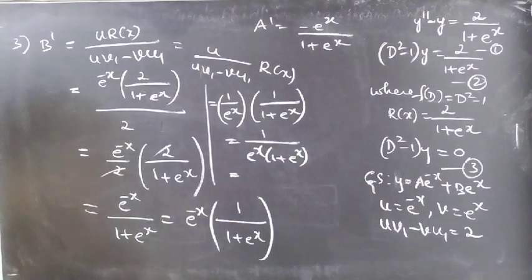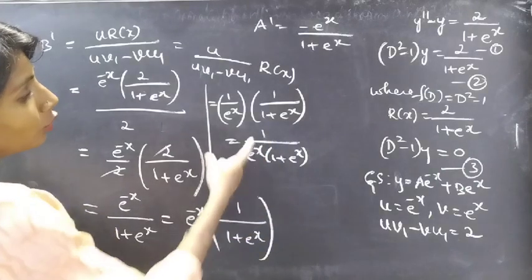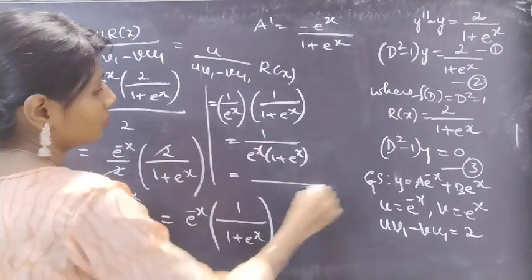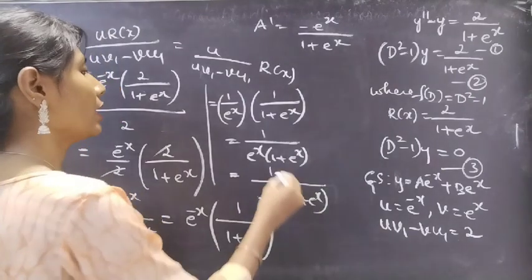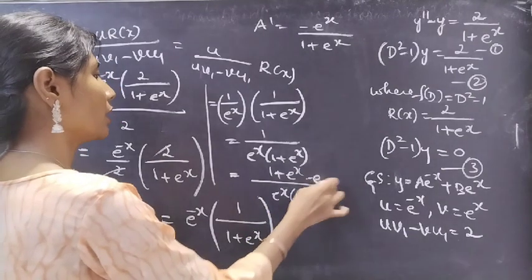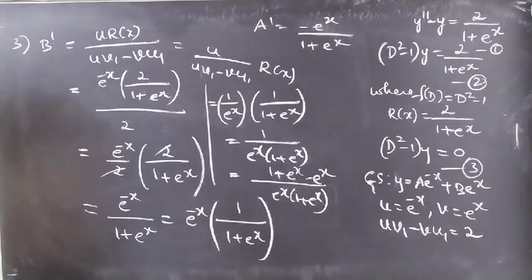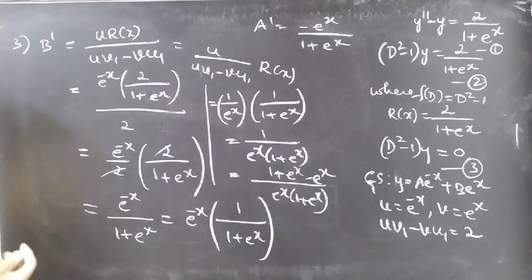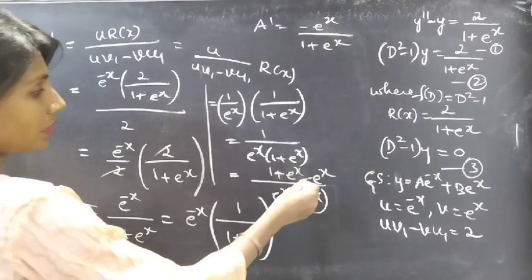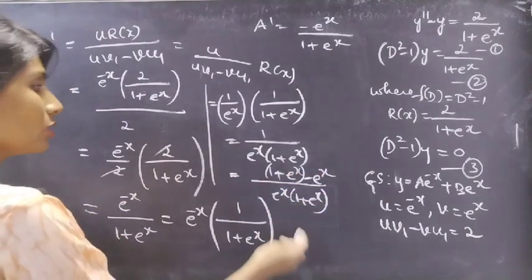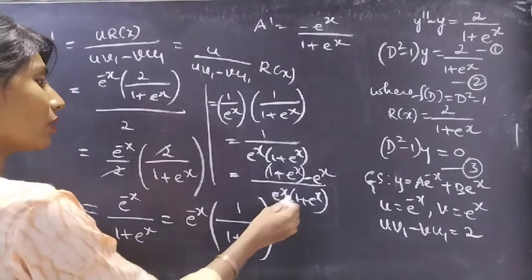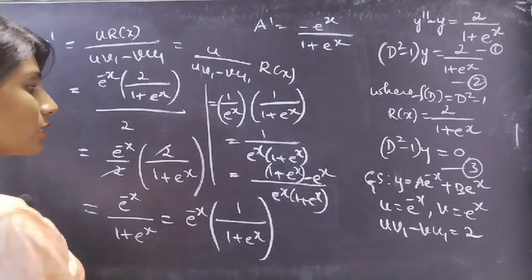Now, here in the numerator we are having 1, right? We can add and subtract e power x to this numerator. Then we'll get 1 plus e power x minus e power x over e power x into 1 plus e power x. So consider 1 plus e power x as one term and e power x as another term, and e power x into 1 plus e power x as the denominator.